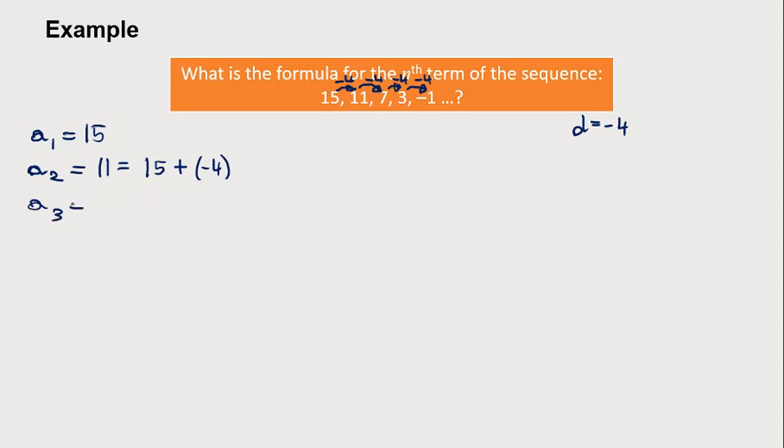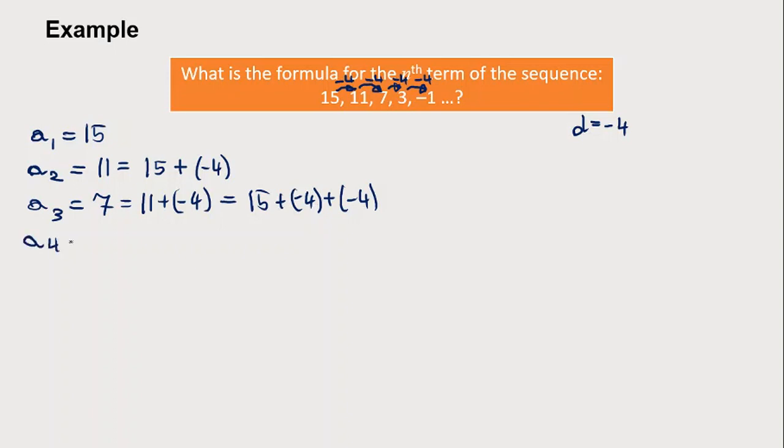For A3, the A3 is 7, but 7 is 11 plus negative 4, and actually 11 is 15 plus negative 4, so 15 plus negative 4 plus negative 4. So actually, to get the third term, I still have the first term plus 2 common differences.